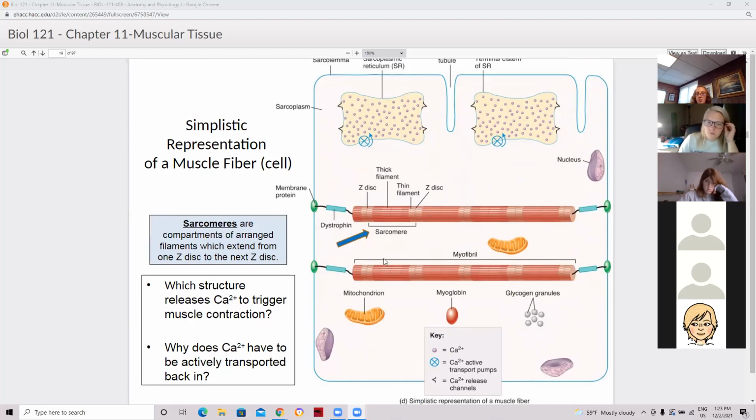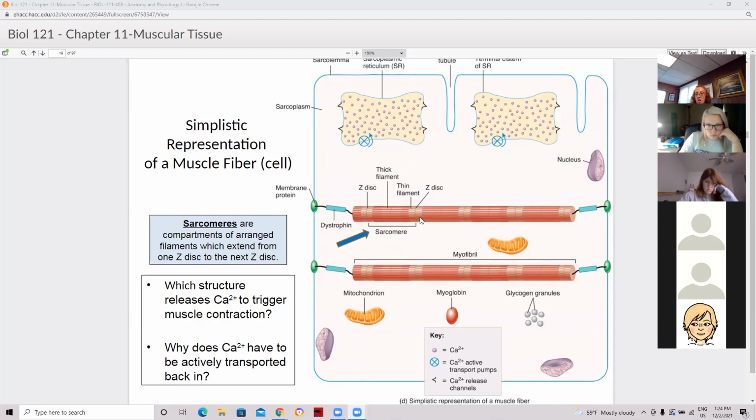Sarcomeres are the functional structures of muscle. They're compartments of arranged thin and thick filaments, which extend from one Z disc to the next. Here are your thin filaments, your thick filaments, your light bands, your dark bands.